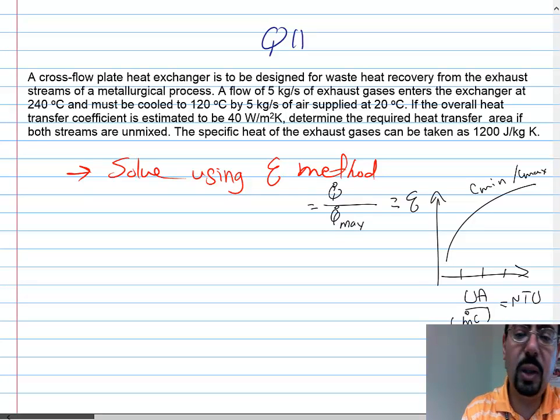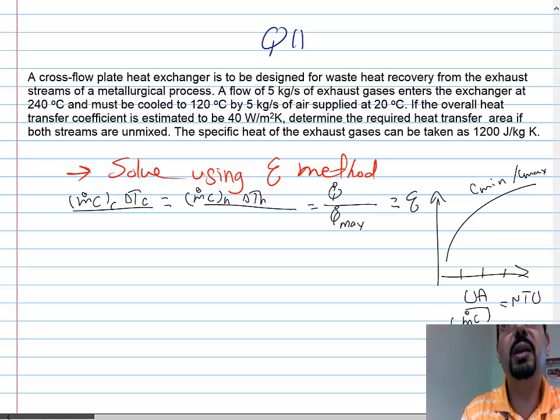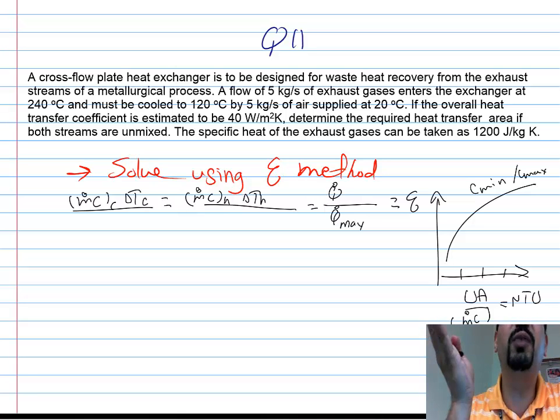And of course this Q dot could just be m dot C hot delta T hot, could also be m dot C cold delta T cold, right? That's the Q. The Q leaving the hot is exactly the same as the Q going to the cold fluid.